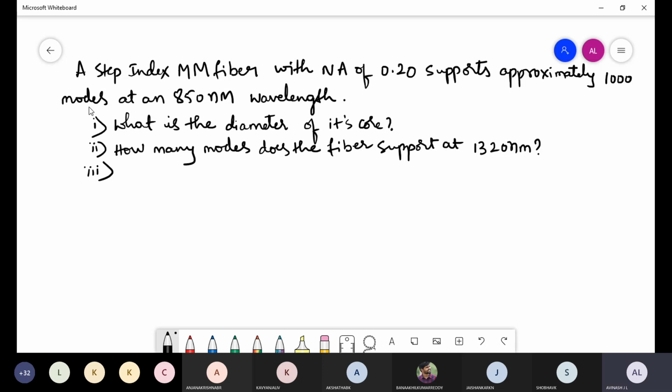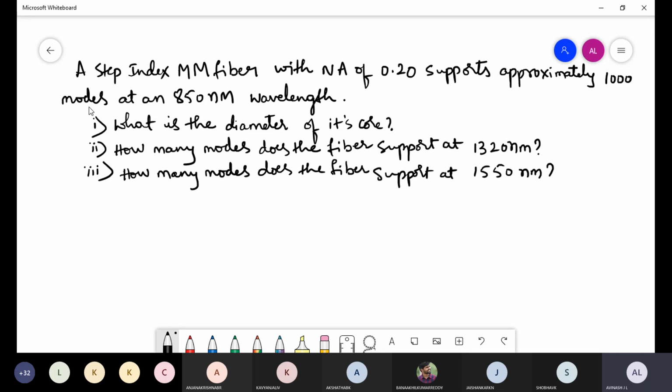The third sub question is, how many modes does the fiber support at 1550 nanometer? That means two different wavelengths we have taken.